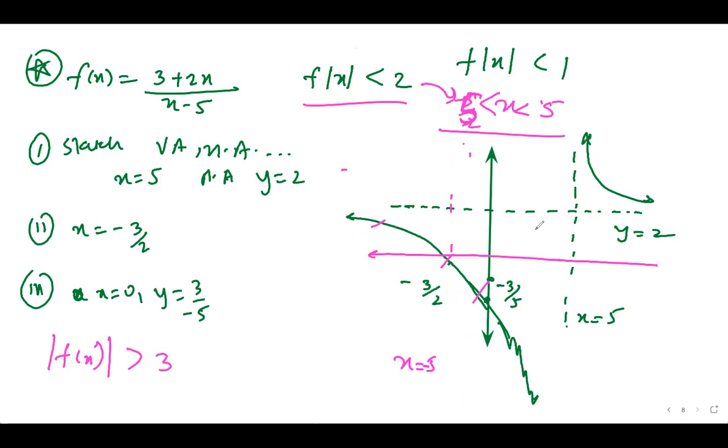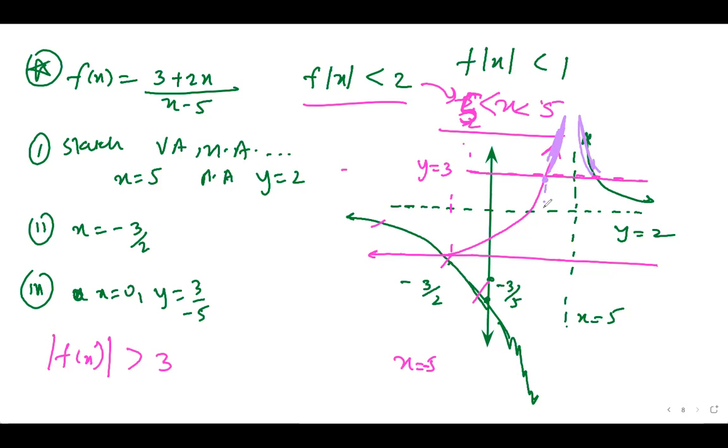Now to draw the absolute value, you just basically reflect this out here. And then you draw the y equals 3 line here. So if you draw the y equals 3 line in this case, your graph is basically going to be this, and this is the part which they're asking for. So you just have to get the intersections.